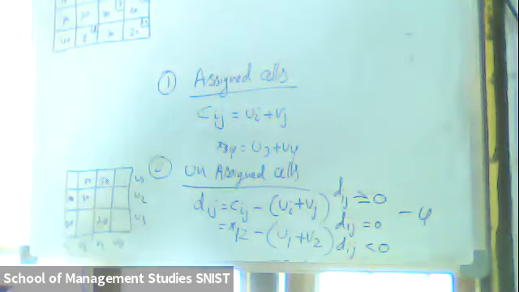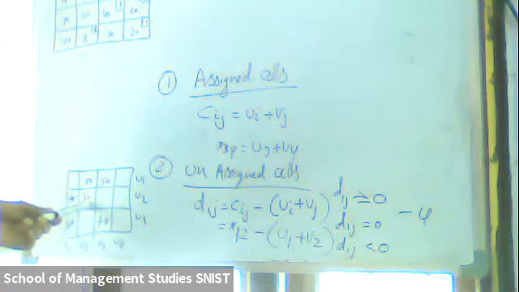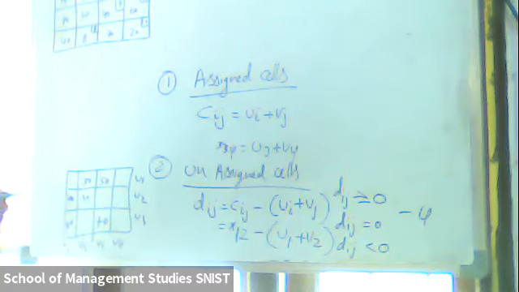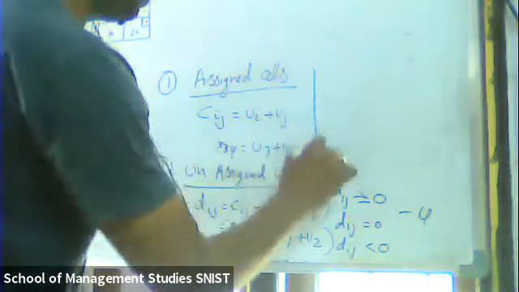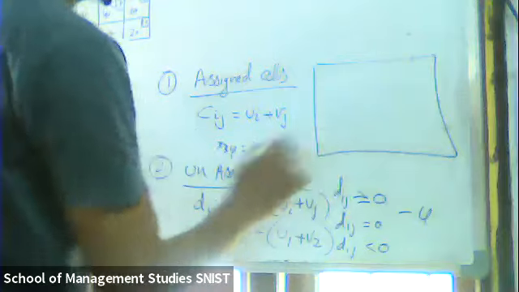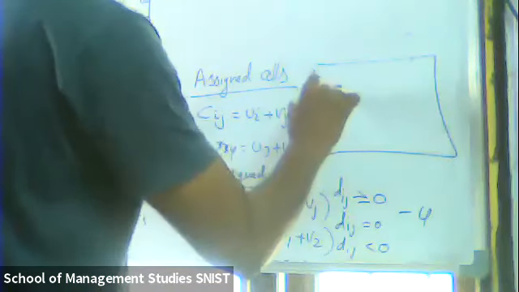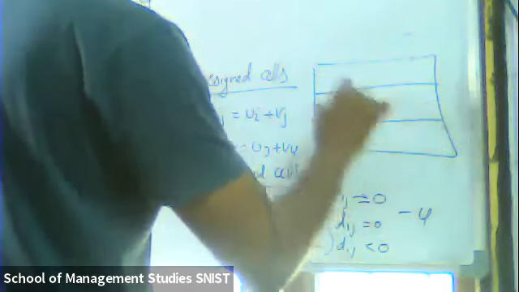Suppose a Dij value is less than 0, we got minus 4 somewhere, maybe you choose any one particular place. Suppose you got it here at 30, where is 30? This is X22.